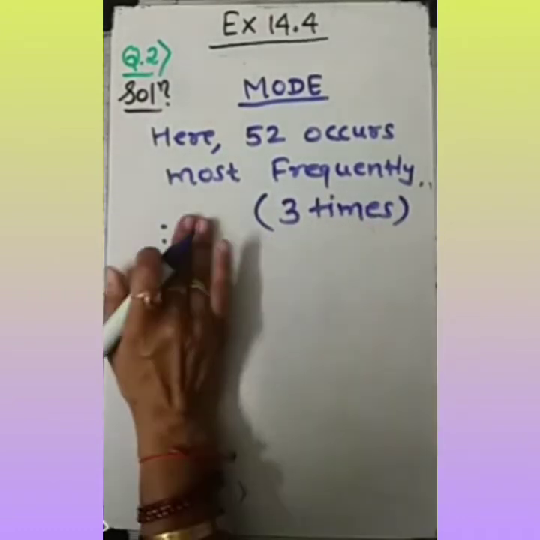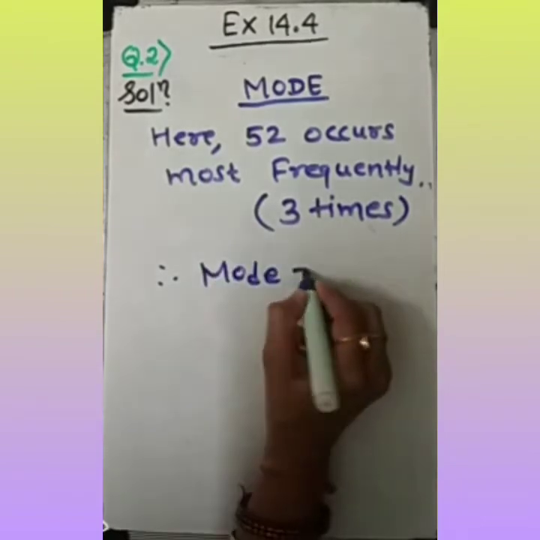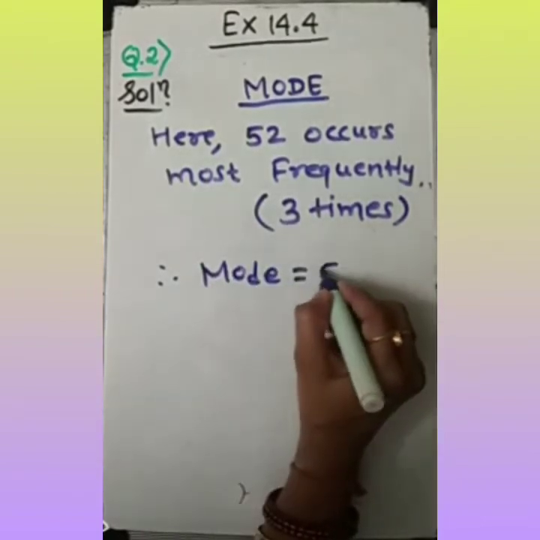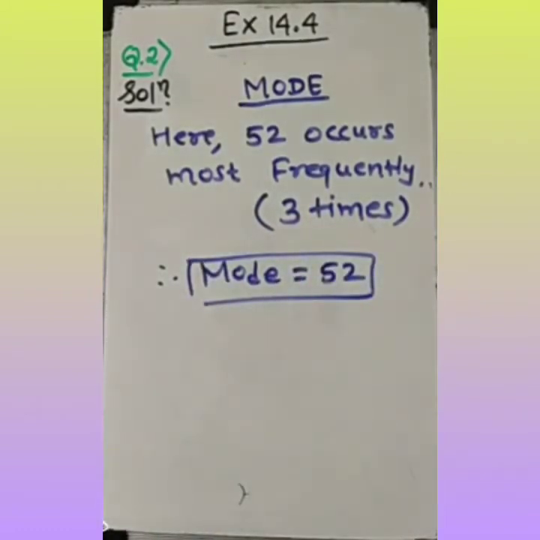Okay, that's why we need to mention here the mode of the given data. It will be 52. So what is the conclusion finally? You can see, as we have found the mean, it was coming 54.8, the mode was coming 52, and the median is also 52.